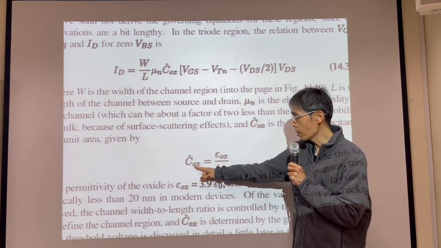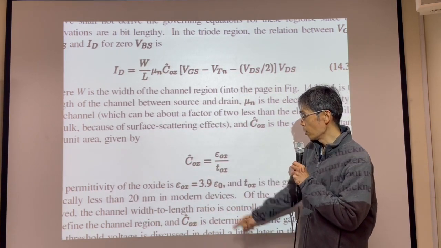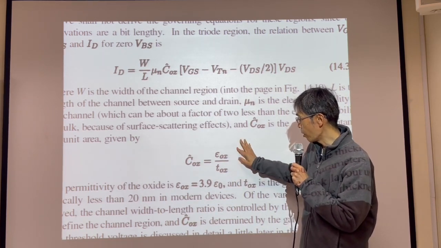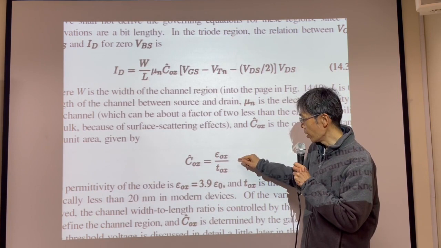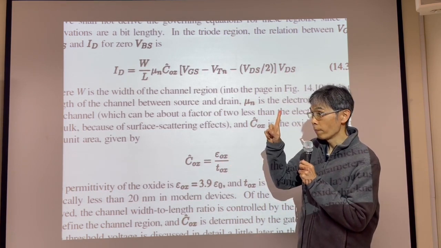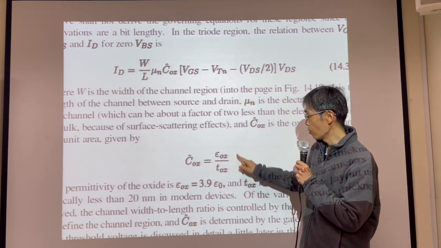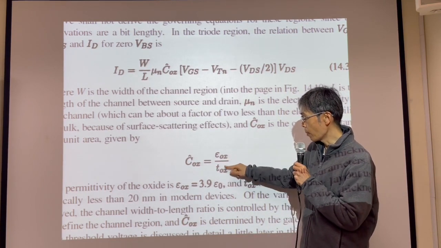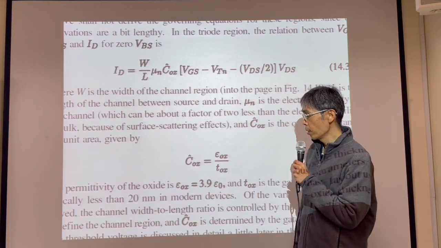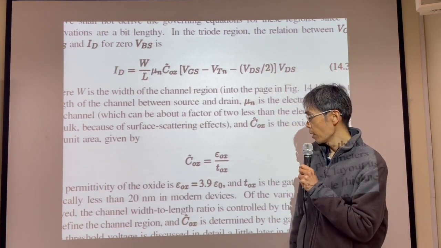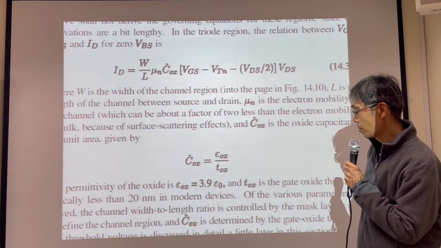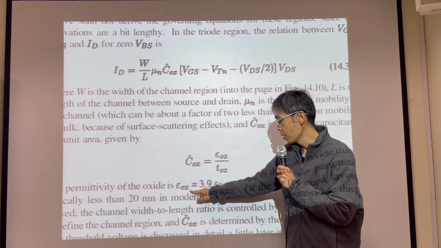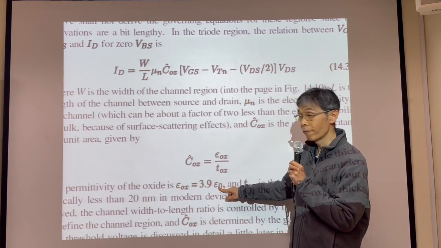So the unit for this one is epsilon A divided by T, but now we take the area A as 1. So we use this equation, epsilon divided by T, as the oxide capacitance. And the permittivity of oxide is 3.9 times the vacuum permittivity.